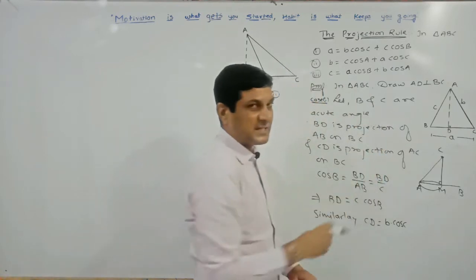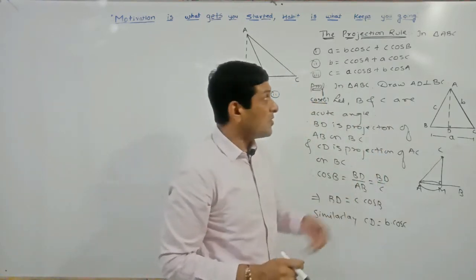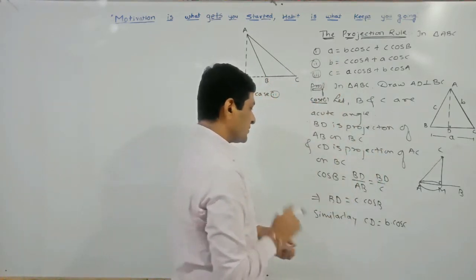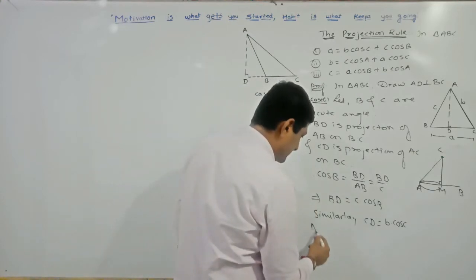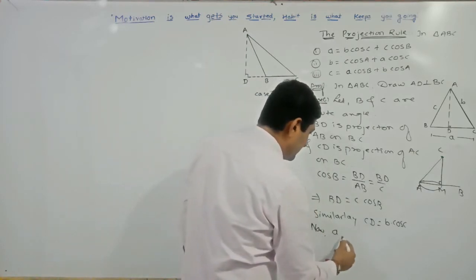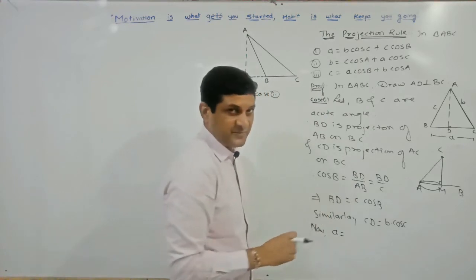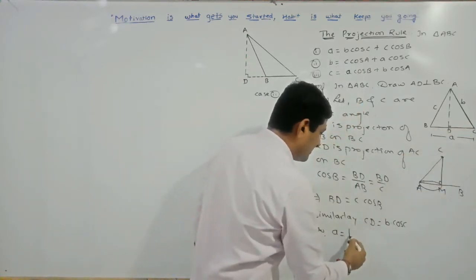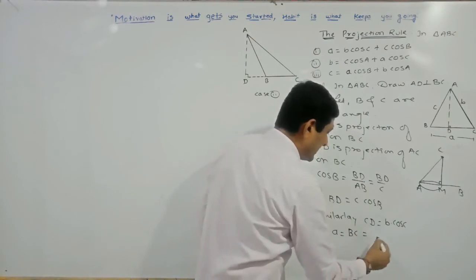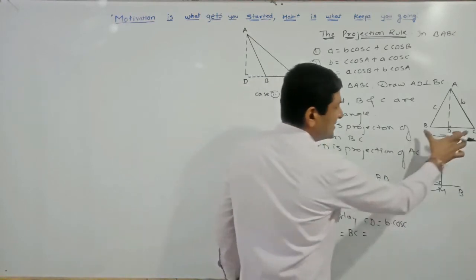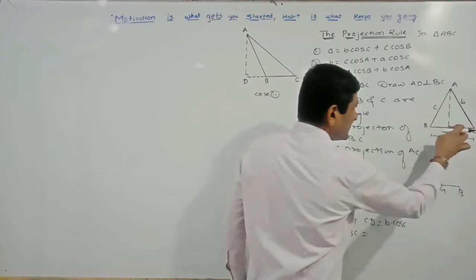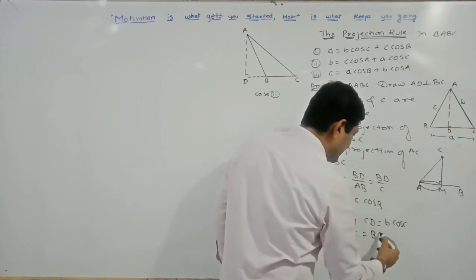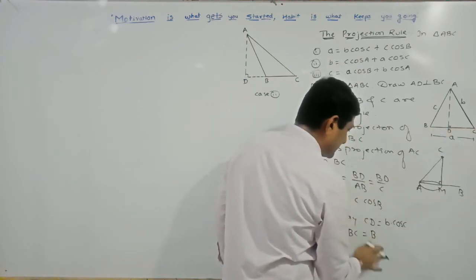Now we are focusing on our required result. We have to find out the value of a. Observe the figure very carefully. Can I say that a is equal to BC? The length of BC we have denoted by a. But can I write this BC as BD plus CD? So it can be written as a equals BD plus CD.